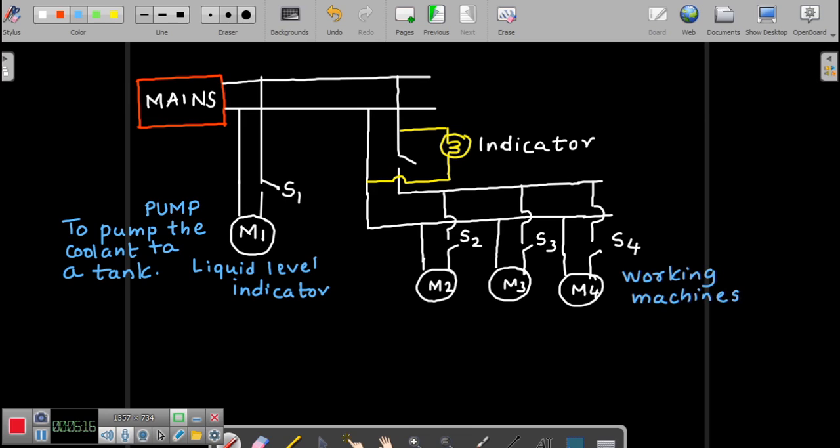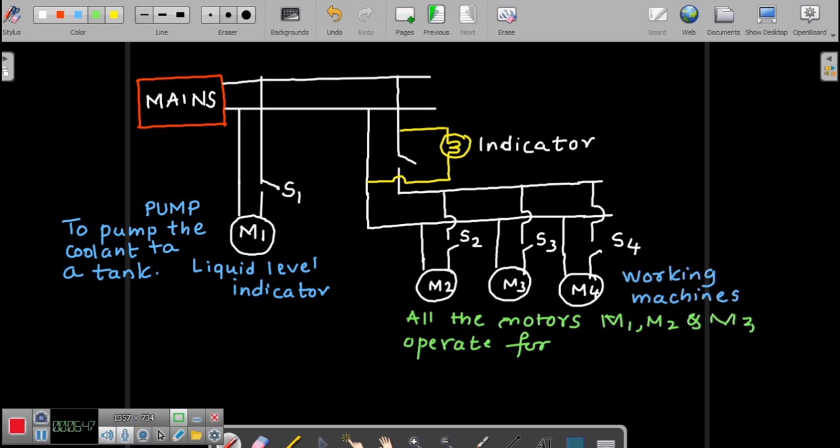All the motors, M1, M2, and M3, operate for 15 minutes since their start.